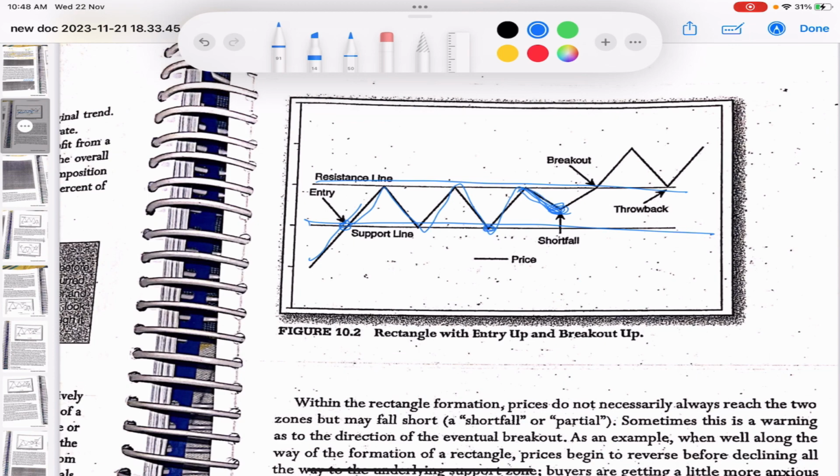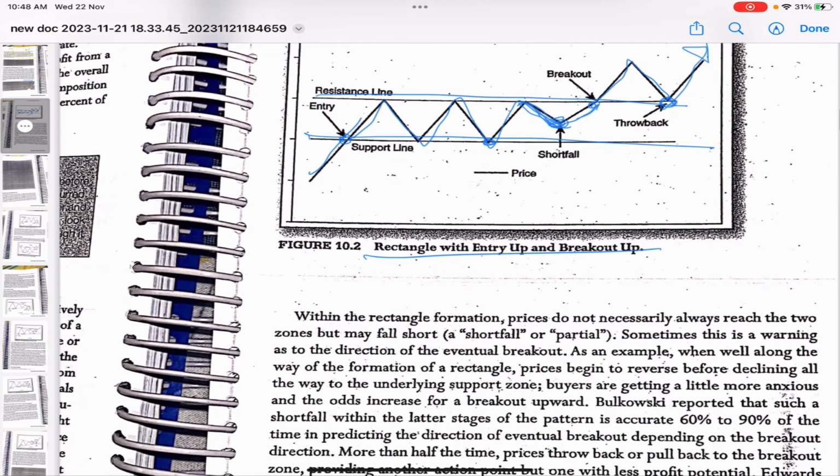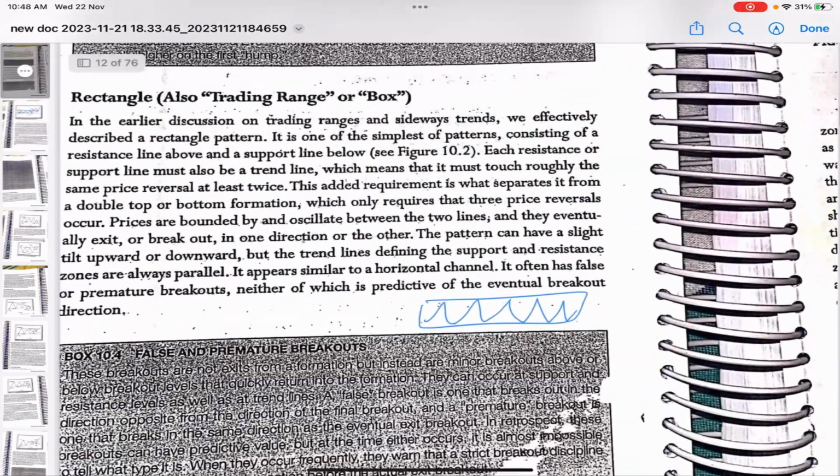It made a low which is higher than that. That already shows us that now the stock is ready to break out, and then it breaks out, throws back, makes a bullish candle again, and it goes up again. So that is how you are going to trade a rectangle when it breaks out on the upside, and when it breaks out on the downside, you'll just do the opposite.